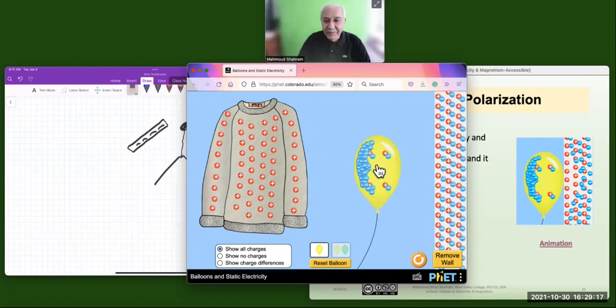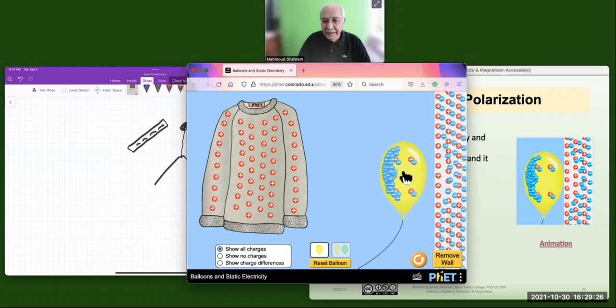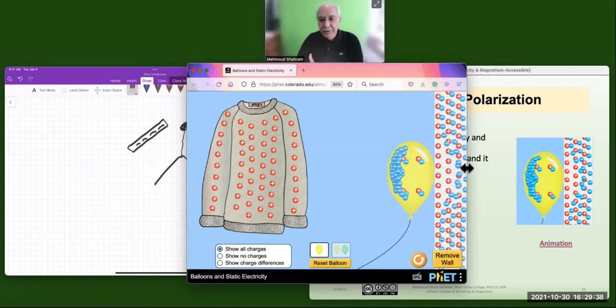And now when I bring it near the wall, look what happens. I'm polarizing the wall. The negative charge repels the negative charge, and if I stick it to the wall, it's going to stay because now all these negative charges are pushed away, and I'm left with a lot of positive here and a lot of negative there, which attract each other, so they stick together. And this is called charge by polarization.